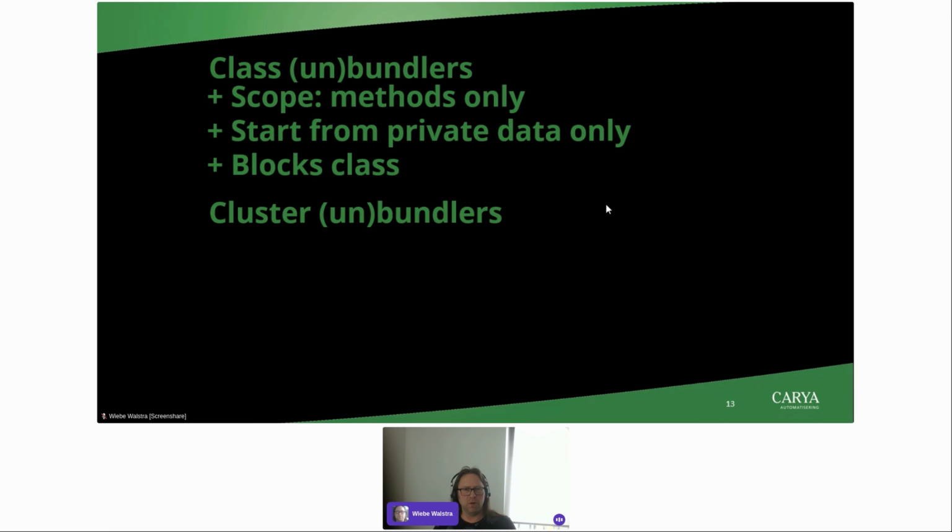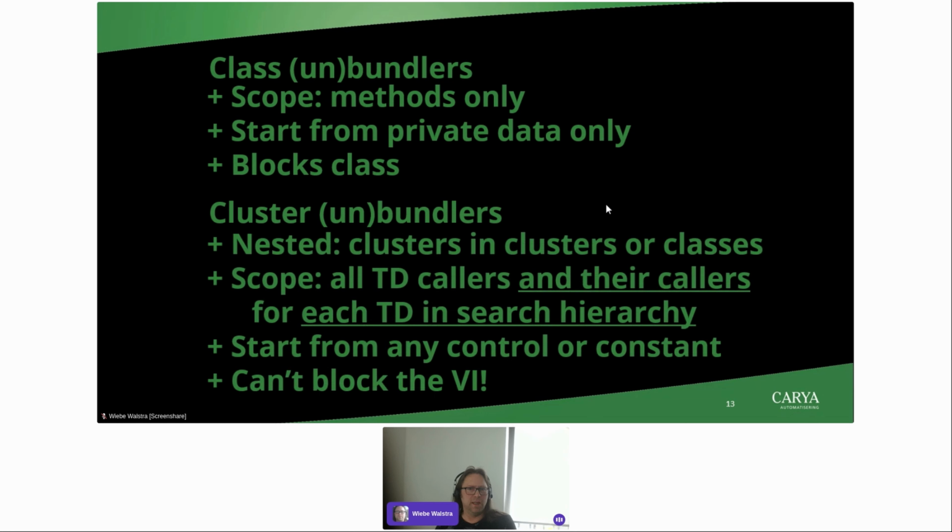If you only search from the private data of a class, that doesn't matter. But when you start searching for clusters as well, those clusters can be nested. You can have type-def clusters in classes, and type-def clusters in type-def clusters. So the scope becomes much bigger.